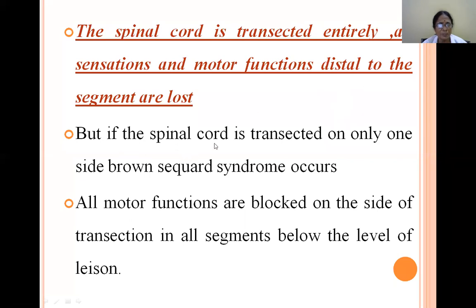But if the spinal cord is transected only on one side, right side or left side, then only half the area is lost. Then Brown-Sequard syndrome occurs.